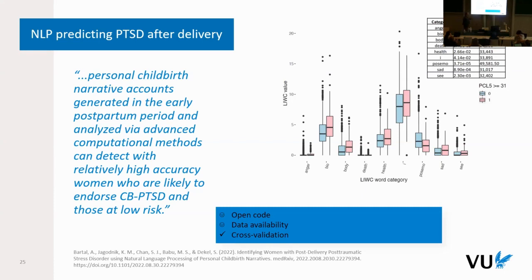Very interesting study, also including cross-validation, but no open code, no data availability statement. Well, the paper still has to be published. It's now a preprint, so perhaps in the final publication we will see this.